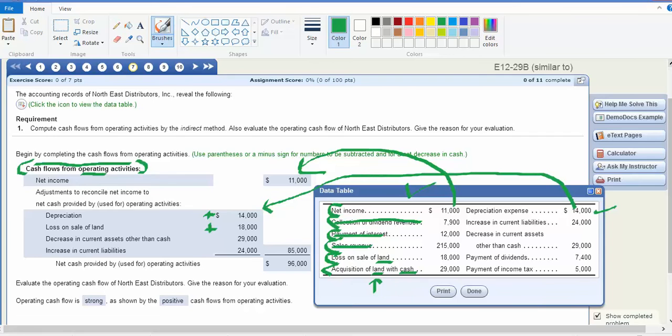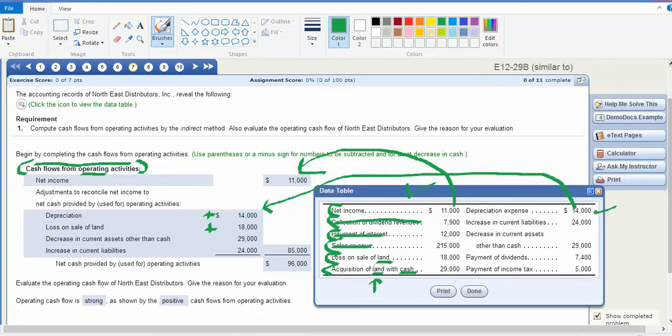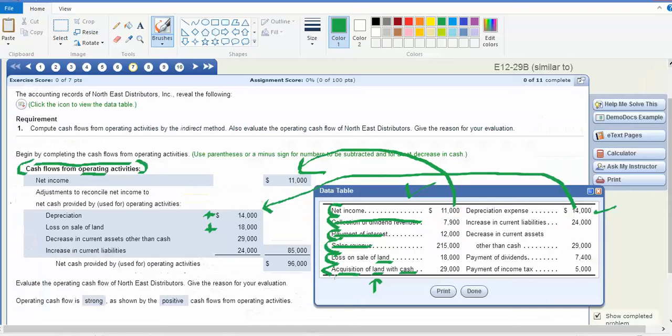Maybe I need to do something with it. Well, here's long-term asset, but this is loss on sale or gain on sale. Where does it talk about loss or gain on sale of this land? It doesn't talk at all. This is just a simple acquisition. This has nothing to do with loss or gain or sale of this long-term asset. Nowhere on here does it say when you purchase a long-term asset. So again, you ignore this.